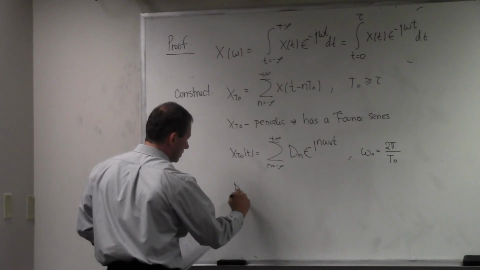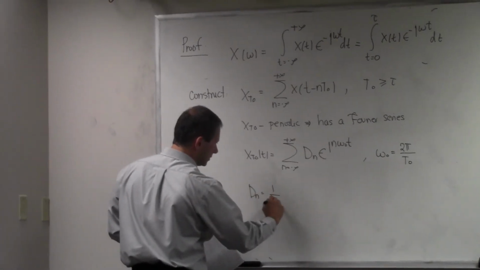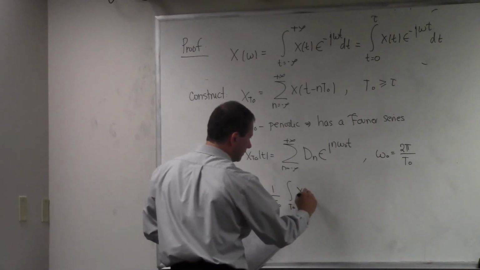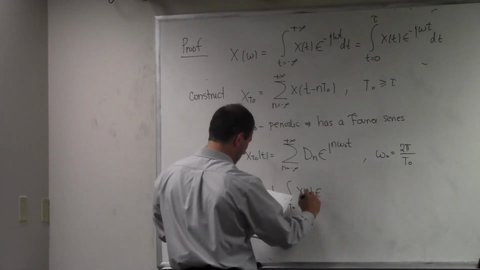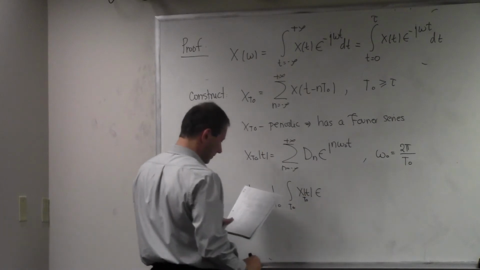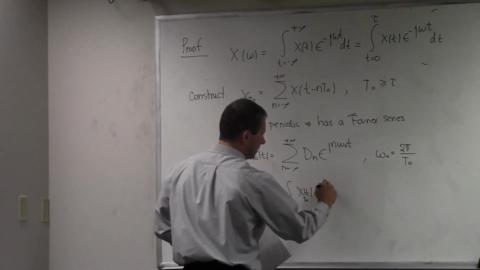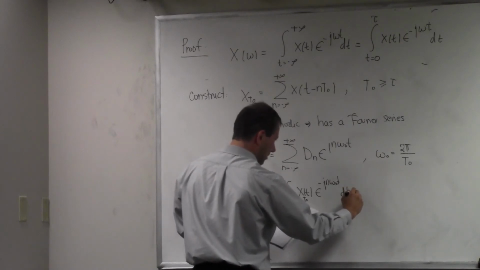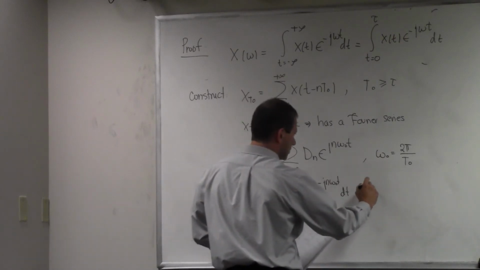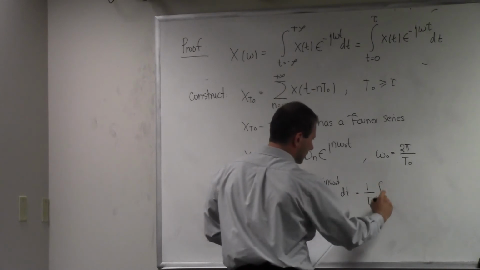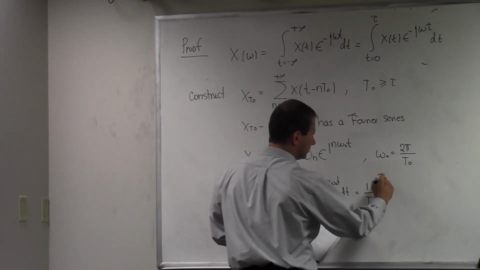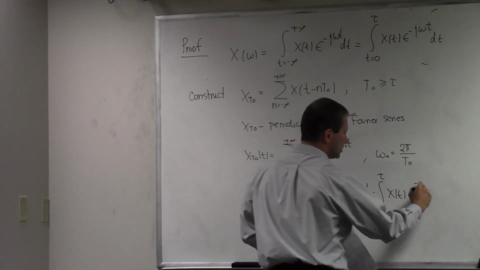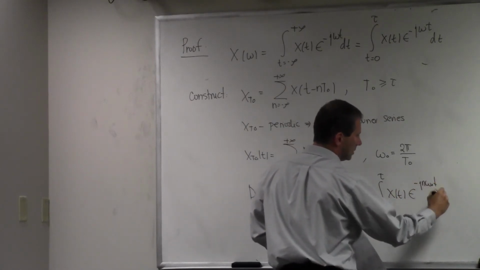Okay, so now, how do I determine these dn's? Well, dn's, we know, are determined as 1 over T0, integral over T0, of x T0 of t e to the minus j n omega 0 t dt. But in our case, this becomes 1 over T0, integral from 0 to tau, of x of t e to the minus j n omega 0 t dt.